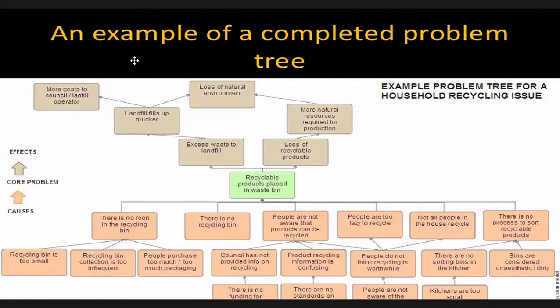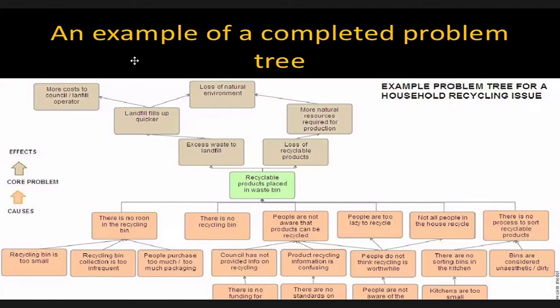So what are the secondary problems? If you can see, the secondary problems could also be the cause of the immediate cause. One, the council has not provided for recycling, so there's no policy for recycling in the local area, and the product recycling information is confusing.